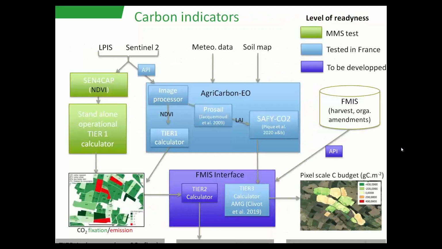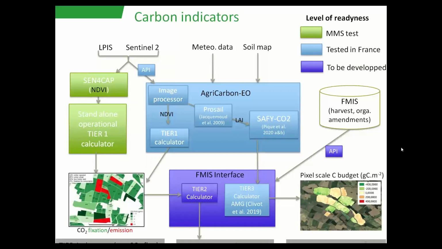So, concerning the carbon indicators, the demand in NIVA was to have the possibility to calculate them based on Sen4CAP and also in standalone mode. So we started to develop first a tier 1 approach to calculate from the Sen4CAP NDVI products some maps of net annual CO2 fluxes.